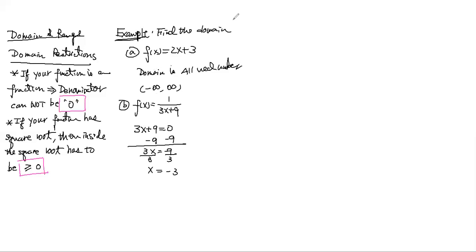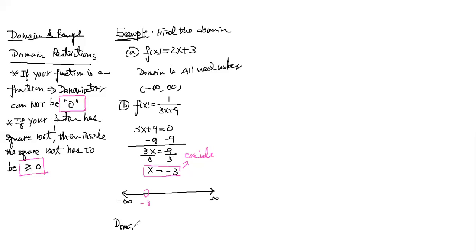That means I need to exclude this number. Like we said in general, my domain is from negative infinity to positive infinity. But for x equal to negative 3, I cannot have negative 3, because it makes my denominator equal to 0.